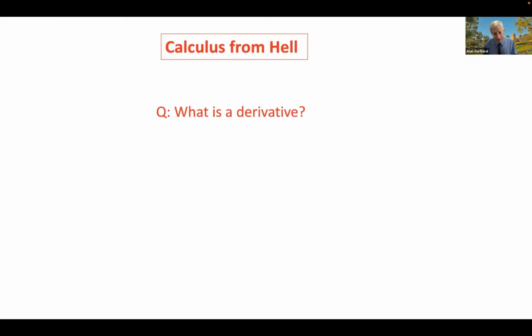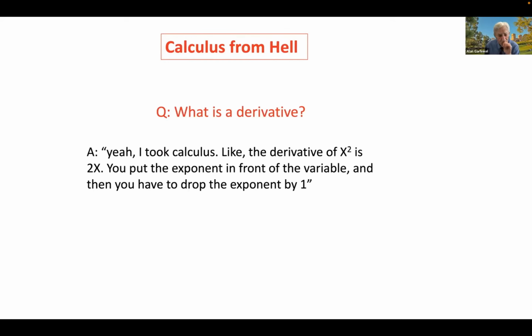And some of my students have obviously had AP calculus, and I can always tell when they've had one of these calculus from hell classes, because I just ask them, what is the derivative? And if I get this answer, I know they took calculus. The derivative of x squared is 2x. You put the exponent in front of the variable, and then you drop the exponent by 1.